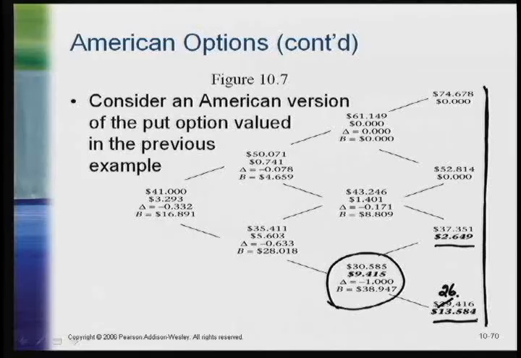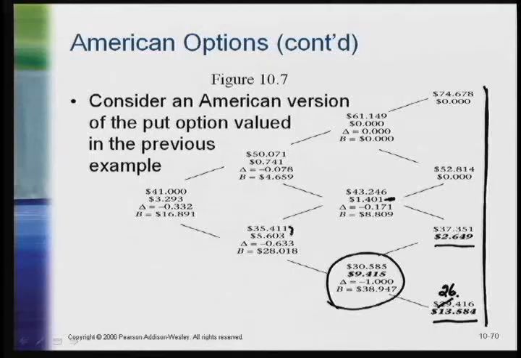So we can see, for example, here, the value of the option is $1.40, and it's out of the money. Here, the value of the option is 0. Here, the value of the option is 74 cents. It's out of the money. Here, the option is in the money.